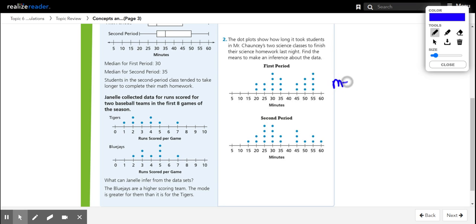So the mean ends up being 38.75 for first period, and it ends up being 35 for second period. How I did that is I added up all those numbers, and then I divided by how many numbers I had. So 1, 2, 3, 4, 5, 6, 7, 8, 9, 10, 11, 12, 13, 14, 15, 16, 17, 18, 19, 20.